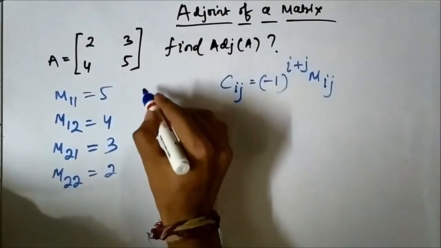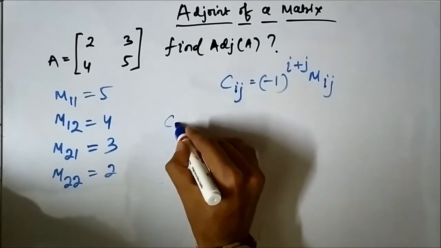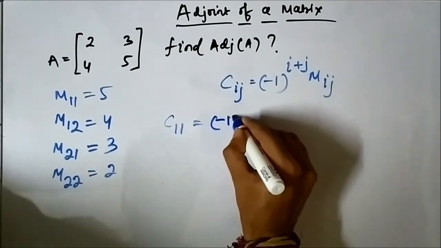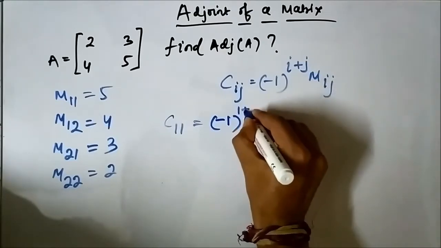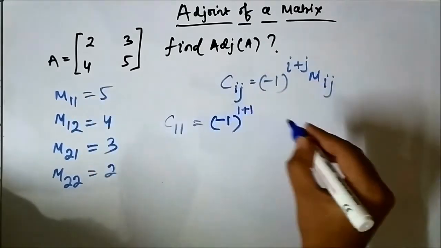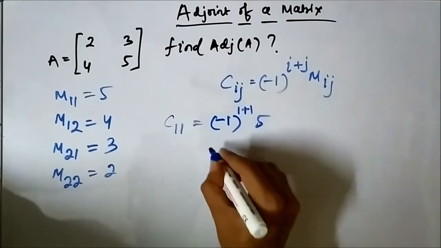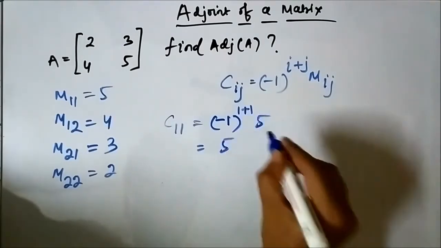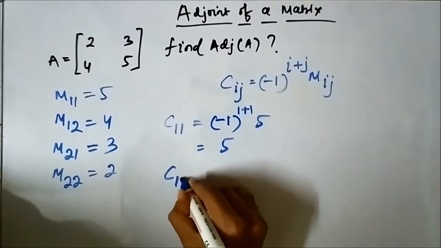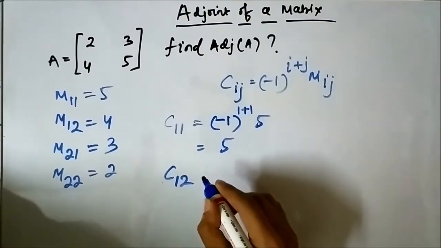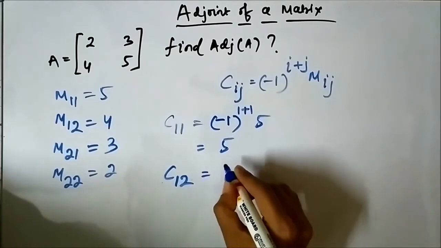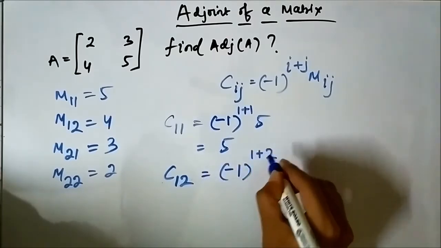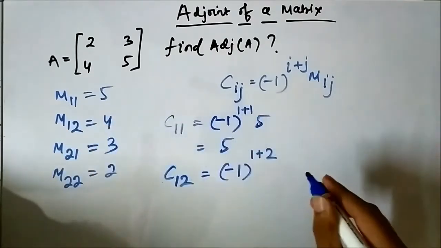Now C11 is equal to minus 1 to the power 1 plus 1, into M11, which is 5. Minus 1 squared is 1, so it is 5. Similarly, C12 is equal to minus 1 to the power 1 plus 2 into M12, which is 4.